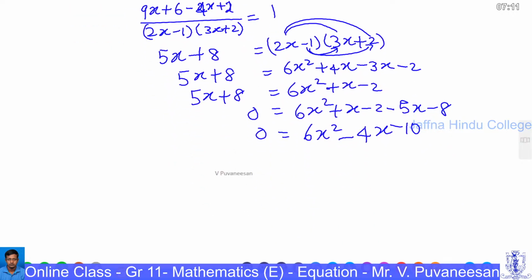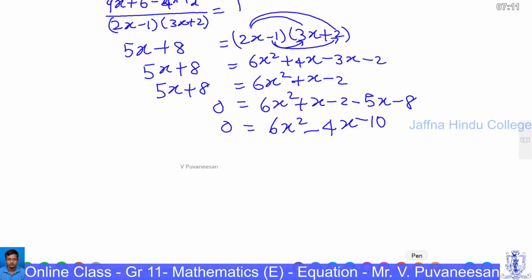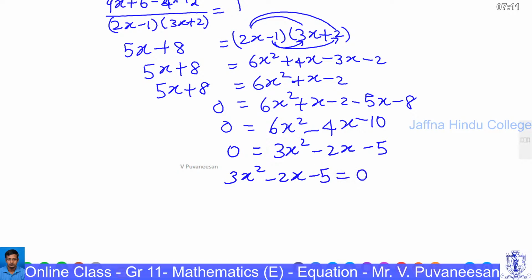Now we divide both sides by 2. If I divide both by 2, 0 by 2, 0 equals 3x square minus 2x minus 5 equals 0.